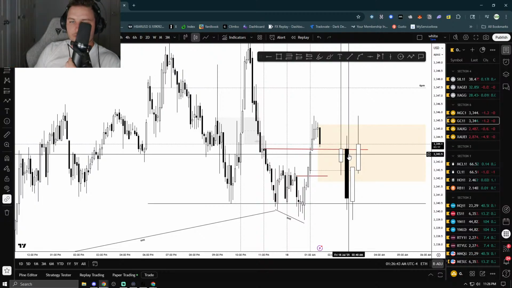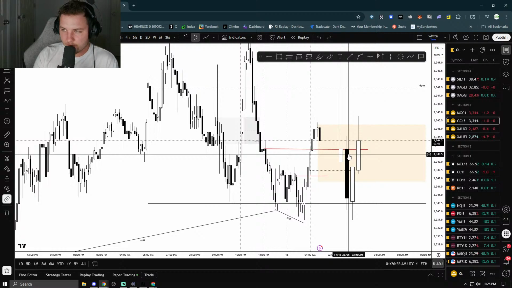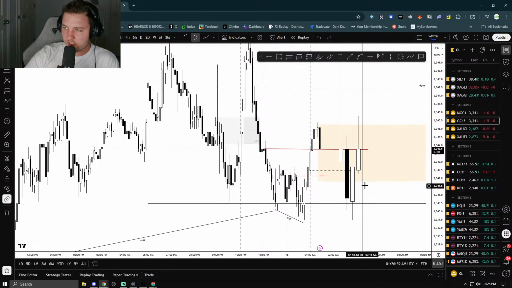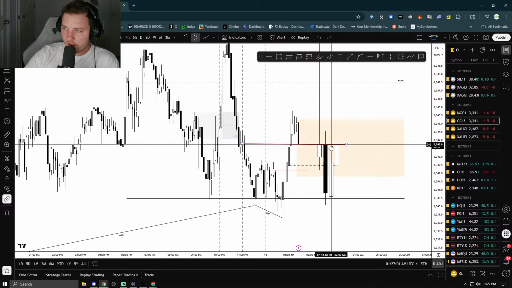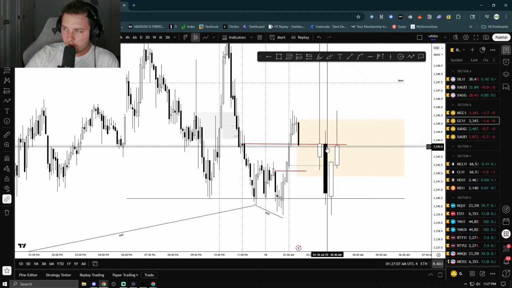Okay, would you say focus on the 1 hour CISD after the pattern, and trade it, and use confluences? Like this, for example, is decent.